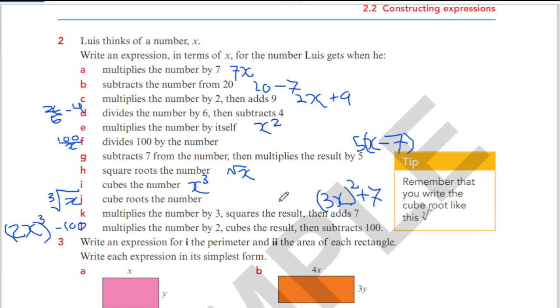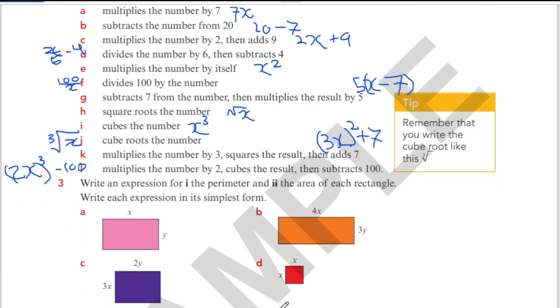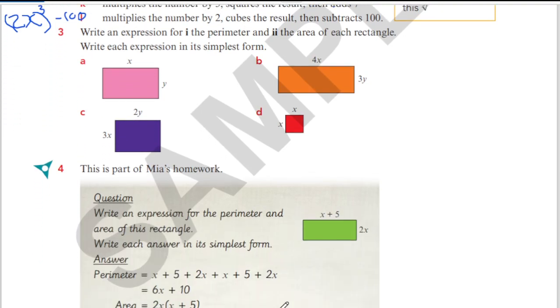Now we'll move to question number 3. In question number 3, he is saying write an expression for the perimeter and the area of these rectangles. So first you should know the formula to find the area.